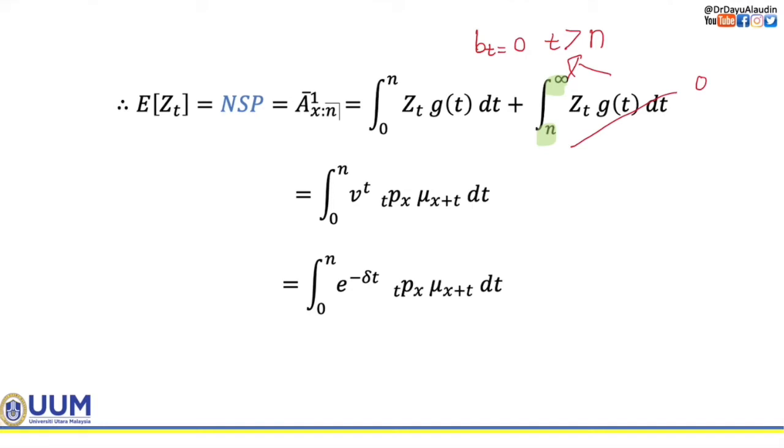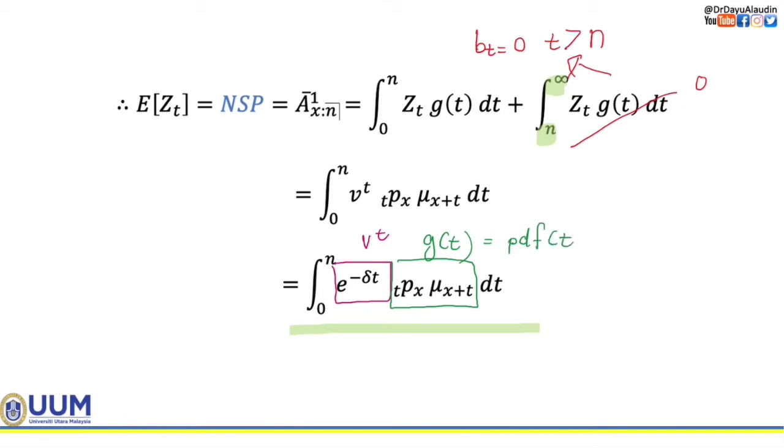So finally we get for term insurance, the NSP is equal to, so we have two components here. This is for VT and this is for the GT or the PDF of T. And the boundaries are 0 to n.